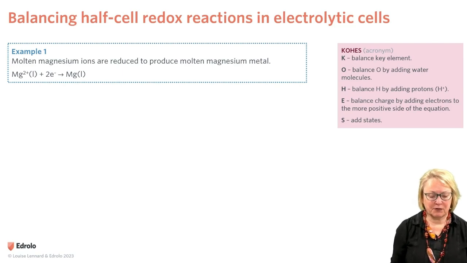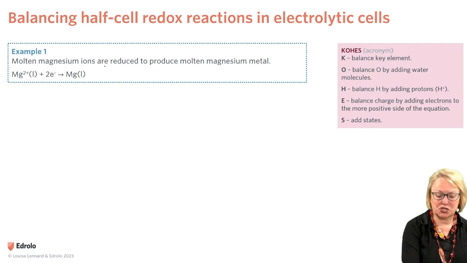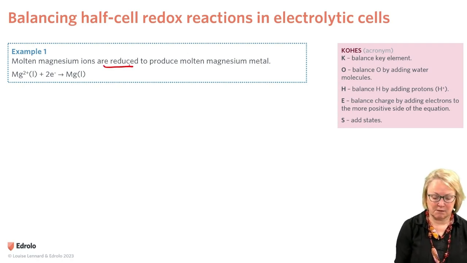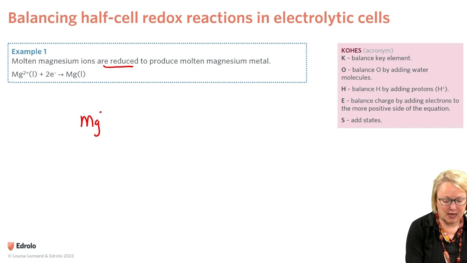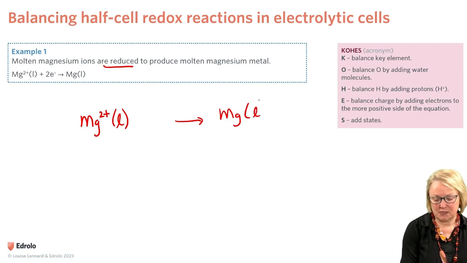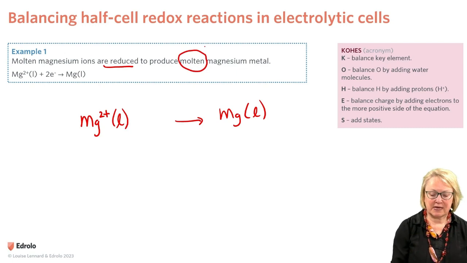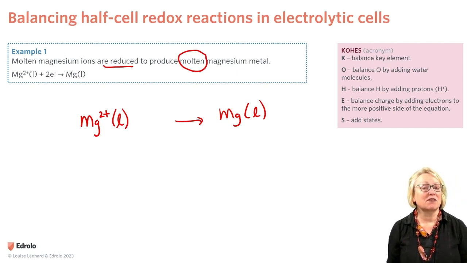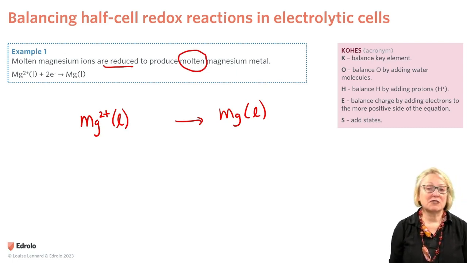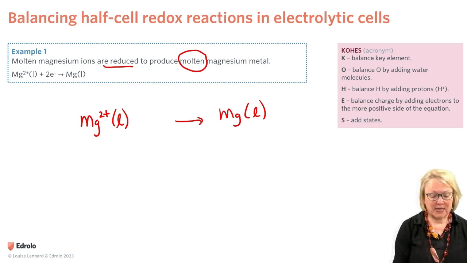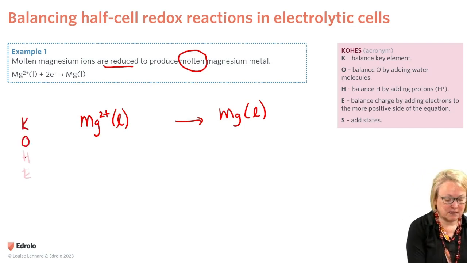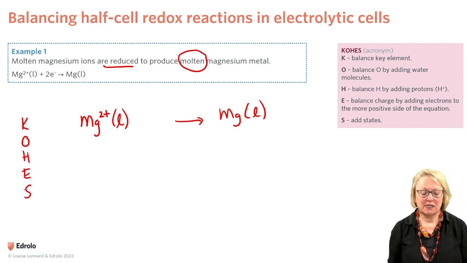So for example, if we've got molten magnesium ions that are reduced to produce molten magnesium metal, we'll start off with our magnesium ions, and our product is magnesium metal. We're told that we've got molten magnesium metal, which means it's the solid that has melted. So we use the state symbol liquid. The key element, for COES, we balance the key element first, and the key element in this equation is magnesium.